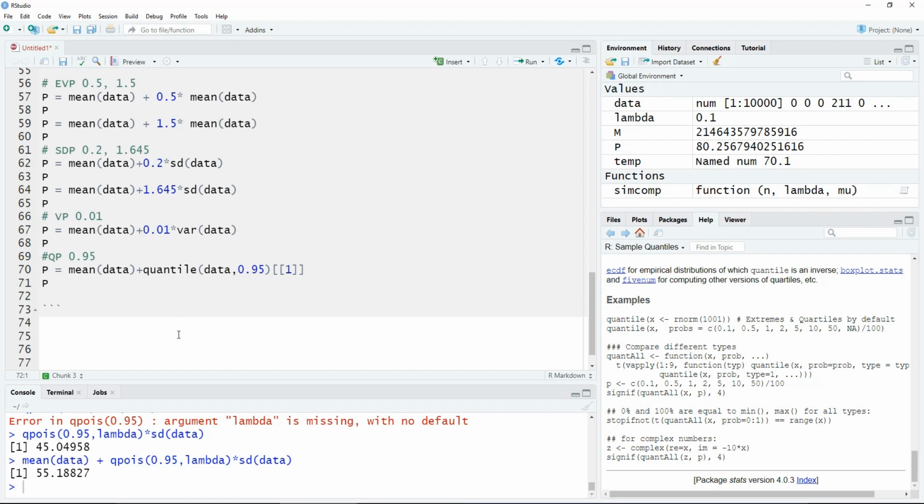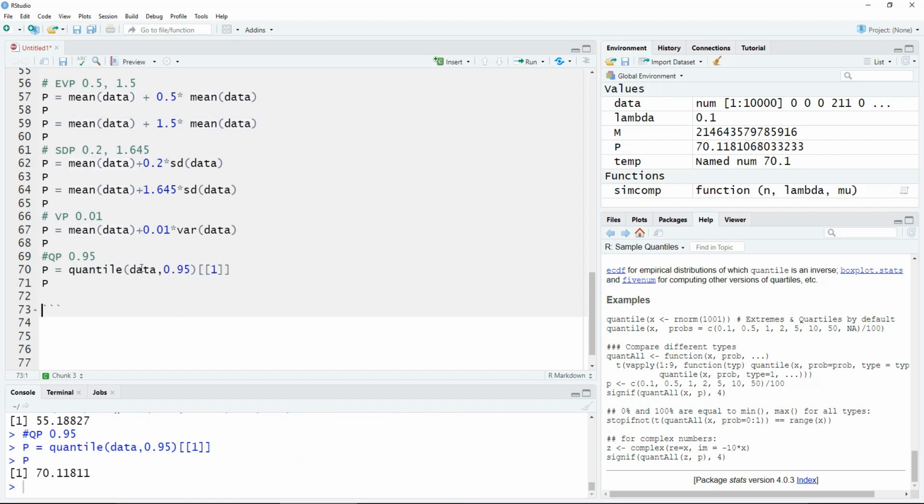The question is, should we add the mean data to the quantile principle or not? Mean plus quantile, it is pretty high. What if we just leave only quantile? So p will be 70. Okay, I'll stick with this variant in the final. Correct.